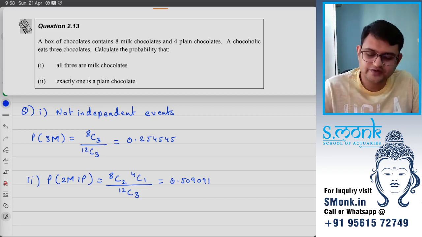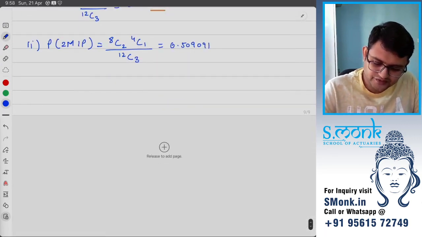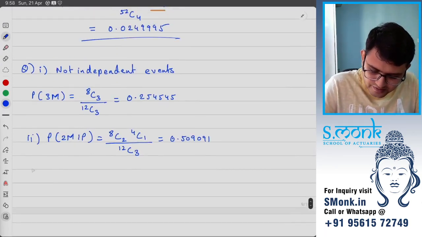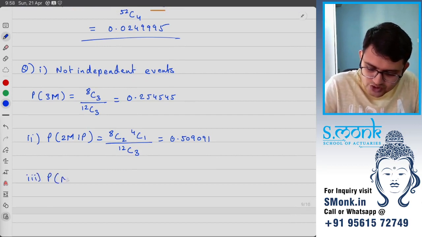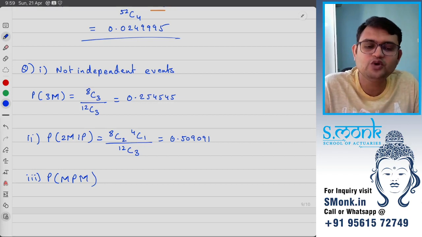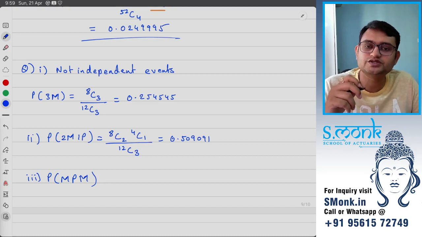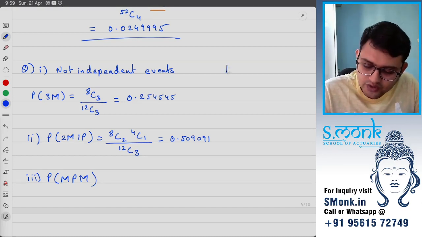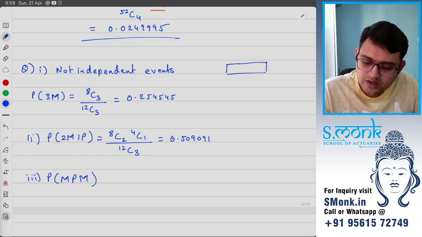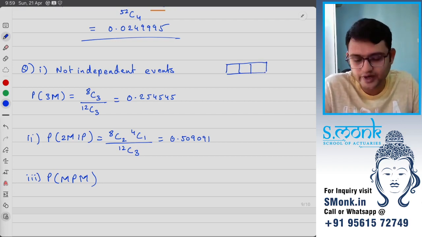By any chance, if they were talking about any permutation, let's say they specifically said that the person ate a milk chocolate, then a plain chocolate, and then a milk chocolate. If I'm talking about only one specific permutation, we can easily figure out how many items were remaining at what point.